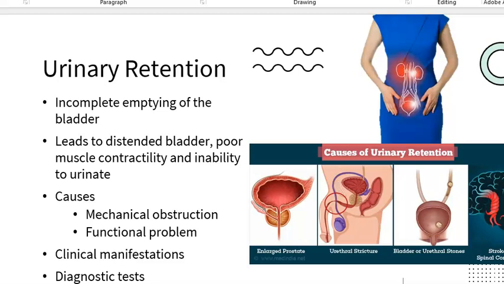The docs will do an assessment where they kind of tap your lower back, left or right side, and if there's rebound tenderness, generally they'll go ahead and order some more tests to test for hydronephrosis.